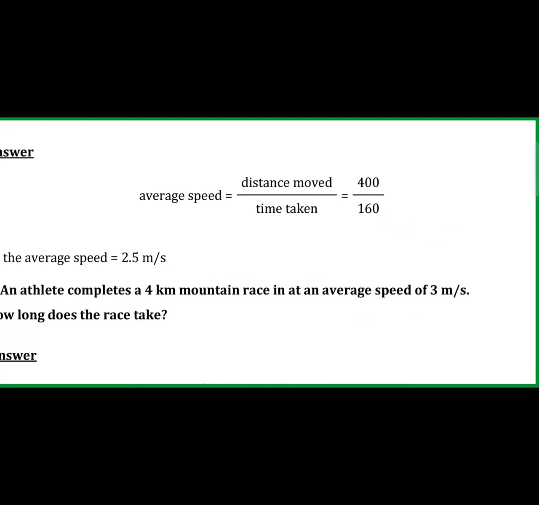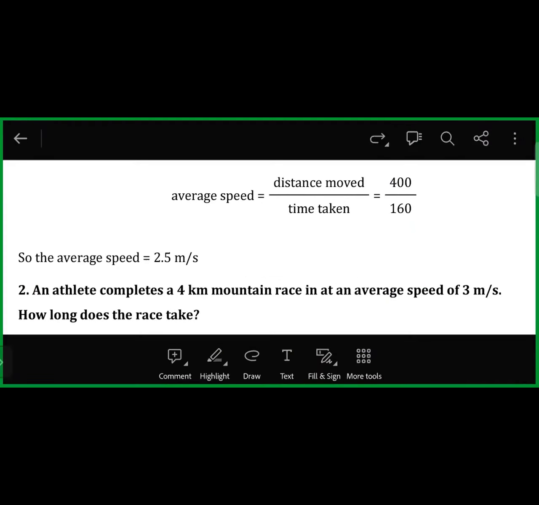The formula is distance divided by speed. It says 4 kilometers. Please note the unit here is kilometer.